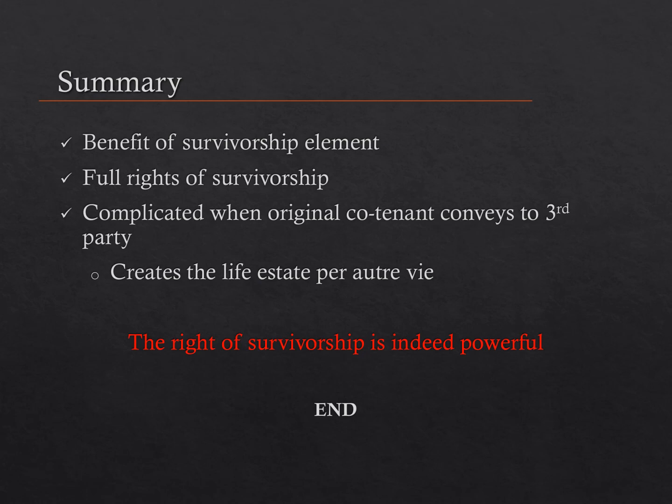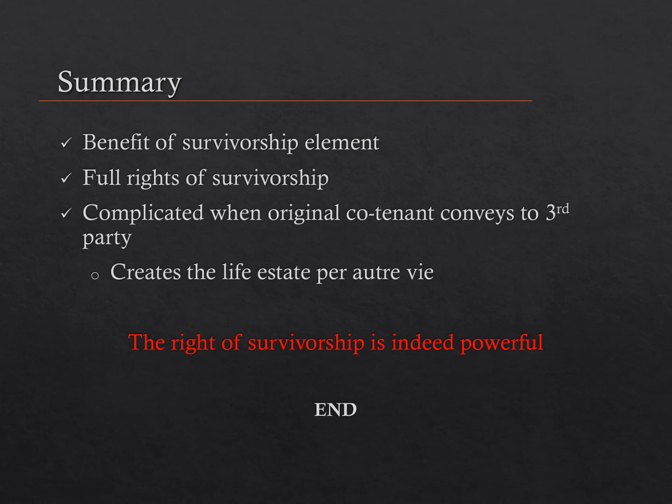Now, these slide presentations have covered the basic concurrent estates in Michigan, but there are other forms of ownership that are very common. You have the living trust. There's the life estate with power to convey, the so-called ladybird deed, which I'll be doing a slideshow presentation on very soon because it's a very simple estate that a lot of people seem to get incredibly drastic results with because they overcomplicate it.